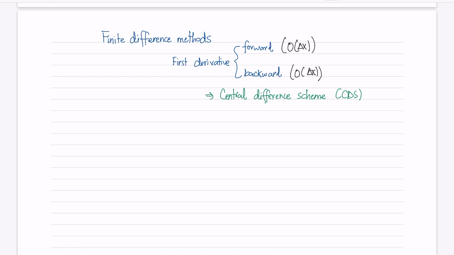I hope you would agree that if the truncation error has delta x square, then this would be smaller as compared to delta x, right? So there are ways in which we can derive the forward and backward difference estimates that have a smaller truncation error, but that is slightly advanced. So we'll keep that for slightly later classes.